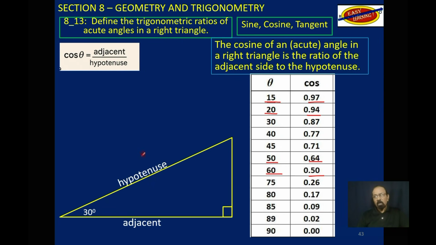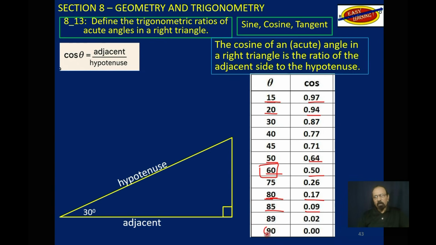Or the other way around, if that hypotenuse is 20, the adjacent will be 10 at 60 degrees. At 80 degrees, the adjacent will be 0.17 of whatever the hypotenuse is. At 85 degrees, the adjacent will be 0.09 of whatever the hypotenuse is.